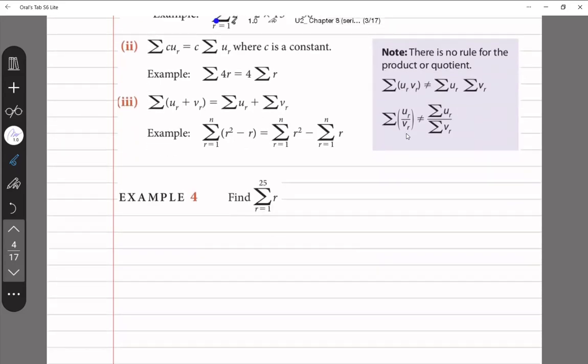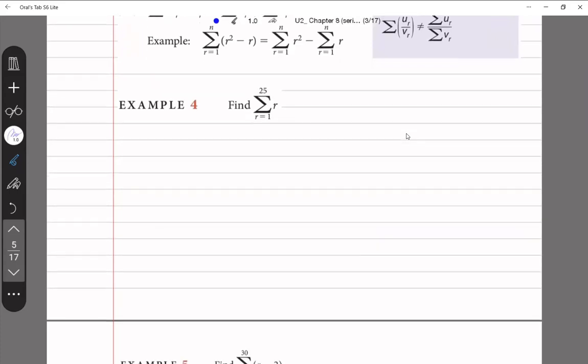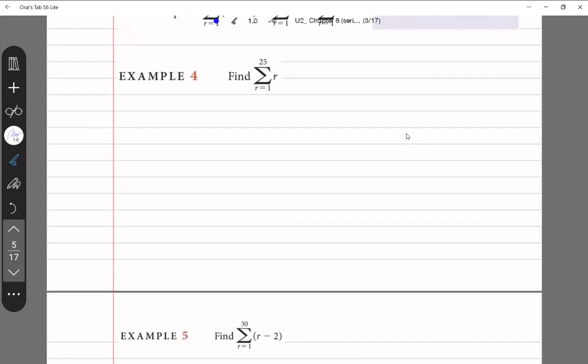Example 4 is asking you for the sum of the first 25 counting numbers. Now, this is your formula: from r equals 1 to n of r is equal to n into n plus 1 over 2. So the sum from r equals 1 to 25 of r, wherever I see n, I'm going to simply replace n with 25.